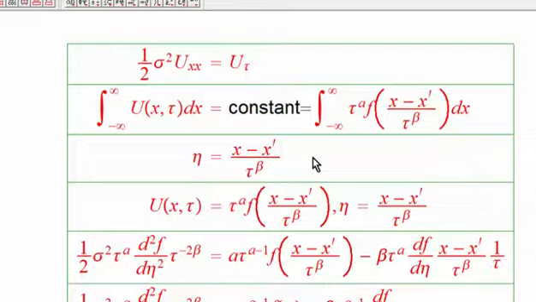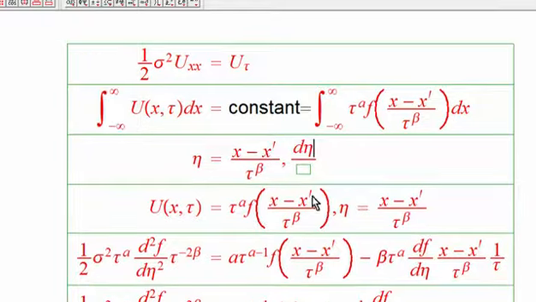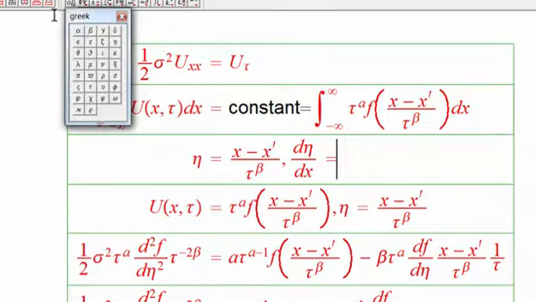I'm saying let that equal eta, so therefore d eta dx is equal to, that'll just be 1 over tau to the beta, or I'm just going to write it as tau to the minus beta.